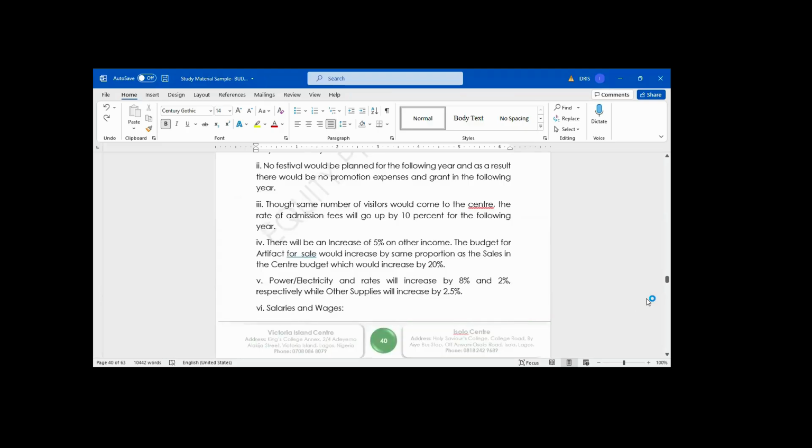Read it out. There will be an increase of 5% on other income. The budget for artifact for sale would increase by the same proportion as the sales in the center budget, which would increase by 20%. That means the budget for artifacts for sale will increase by 20%, Abby.